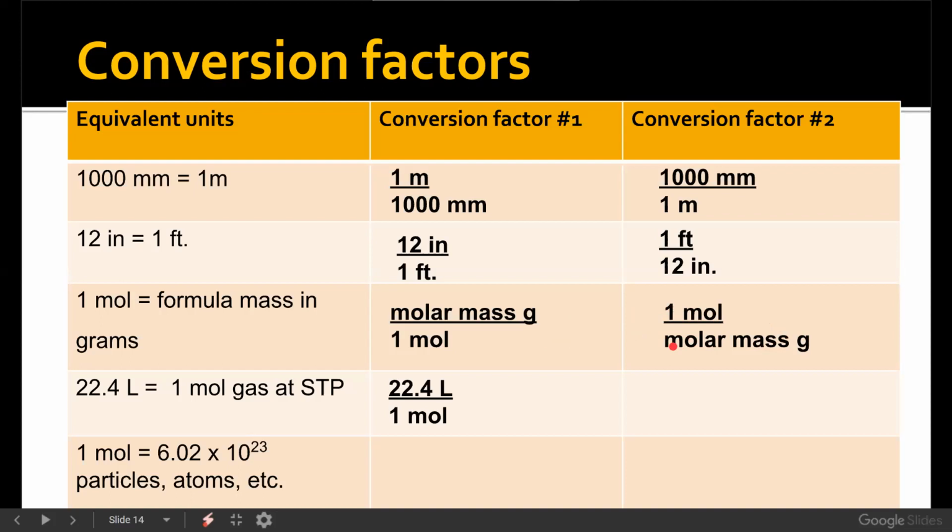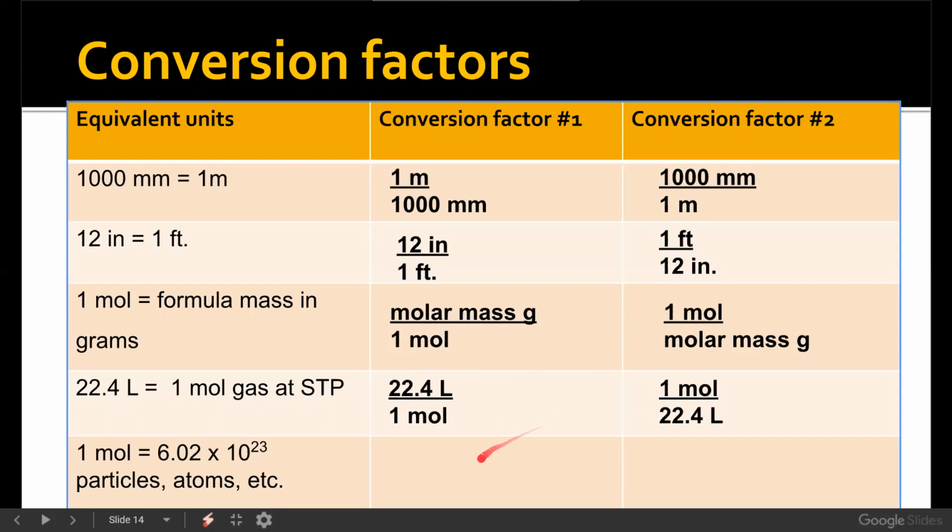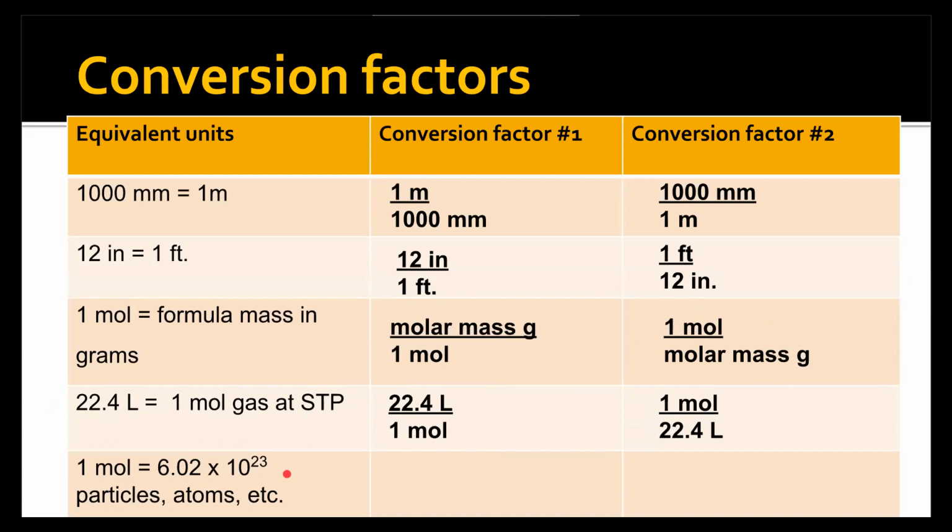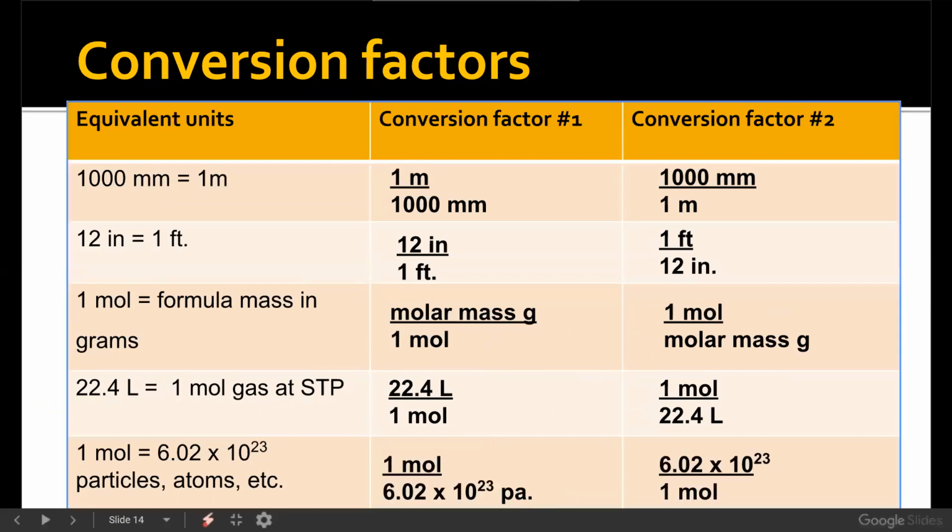Oxygen is 16, etc. All gases are equal to 22.4 liters for 1 mole, as long as it's at standard temperature and pressure. And the last one is the particle number: 1 mole is equal to 6.02 times 10 to the 23rd particles. This could be atoms, molecules, etc. So it's just a number of things. Think of it like a dozen.